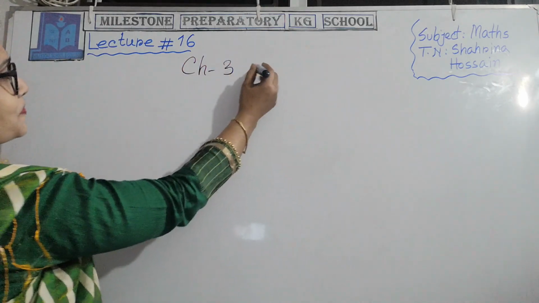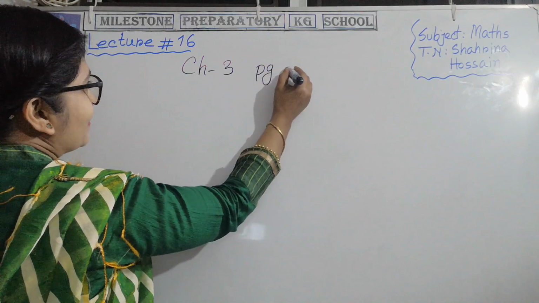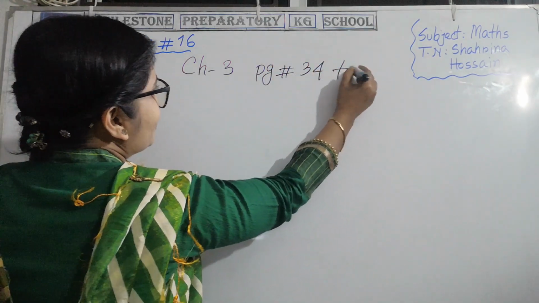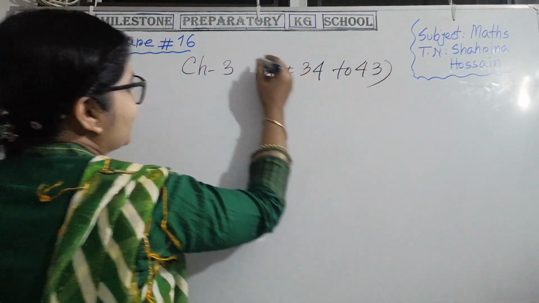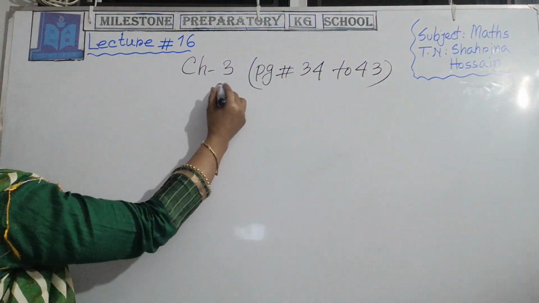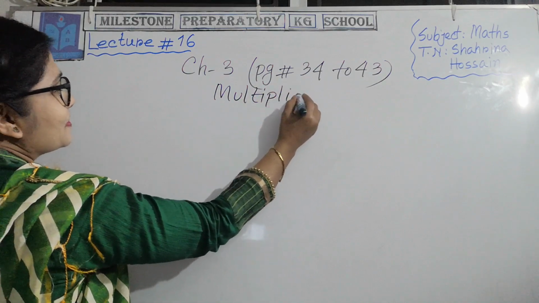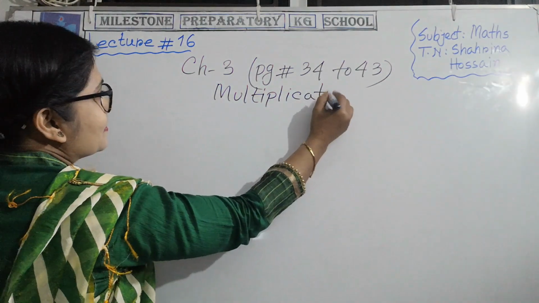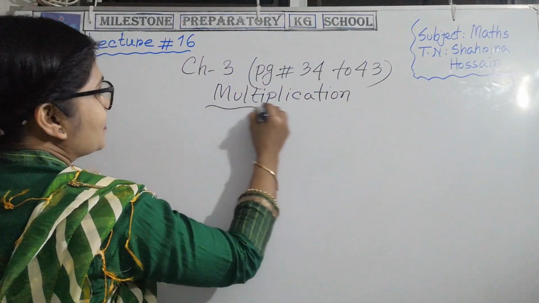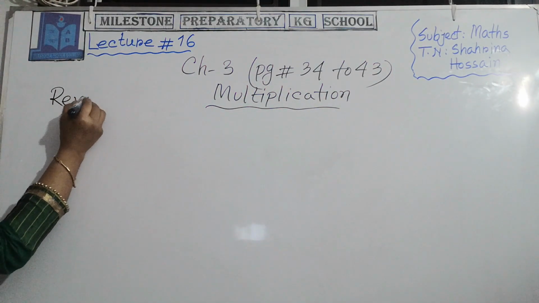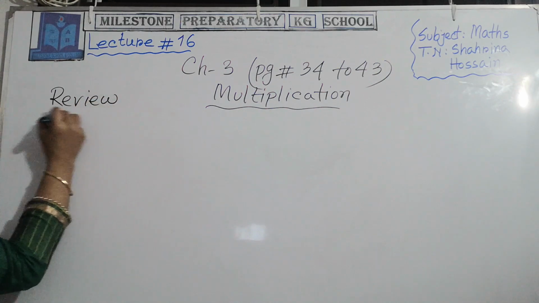Chapter 3, page 34 to 43. Multiplication. Review part.